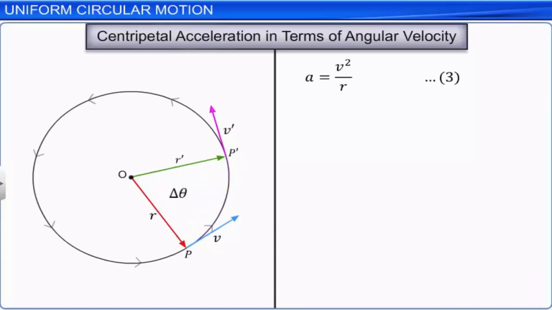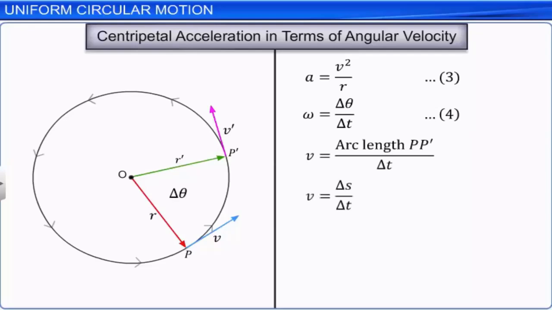Let this be equation 4. V is equal to arc length PP dash by delta t, which is equal to delta S by delta t. Let this be equation 5. Delta S is the arc length, which is r delta theta. Let this be equation 6.